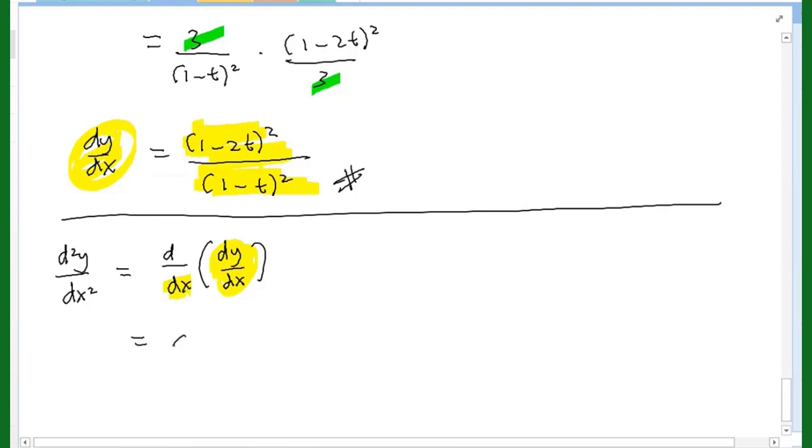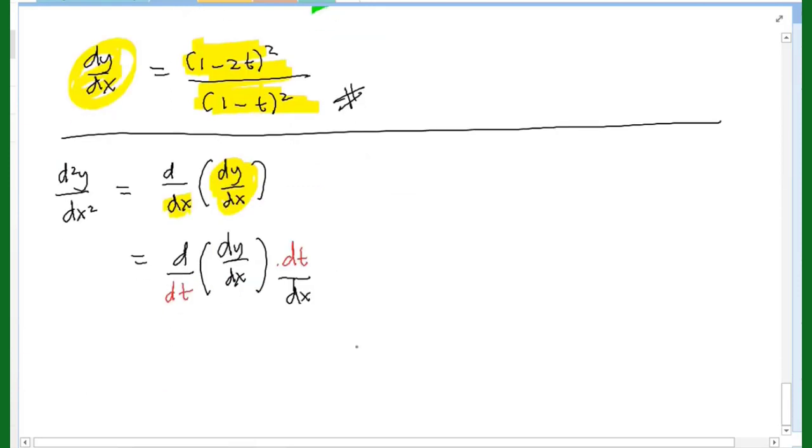Now d with respect to dt, dy dx, and then times dt over dx. I cancel, but actually this one is with respect to t, then at the same time you need to add dt over dx.